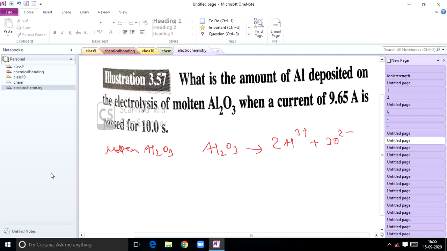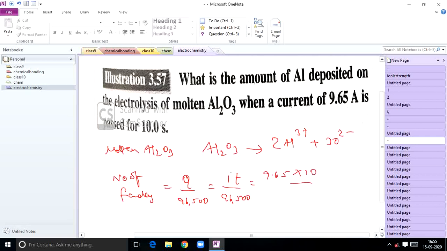Number of Faradays you know how to calculate first. Number of Faradays is equal to Q by 96,500 coulombs, that is IT by 96,500. The current here is 9.65 amperes, time 10 seconds, by 96,500. Finally you get 10 power minus 3 Faraday.